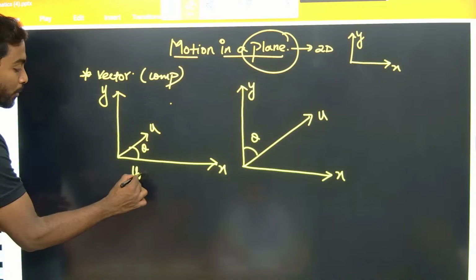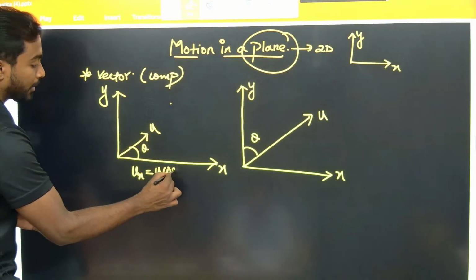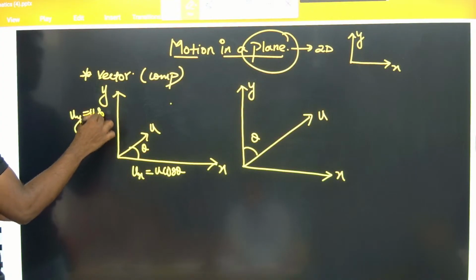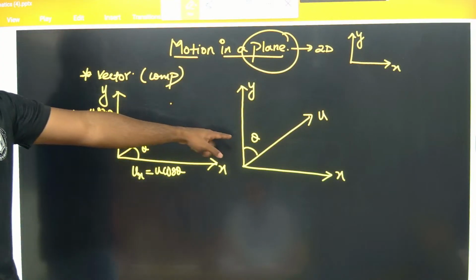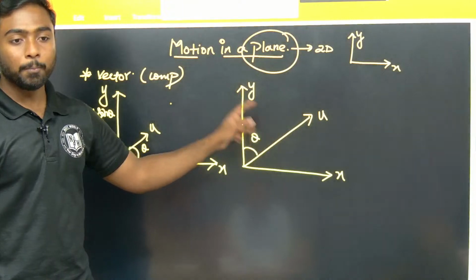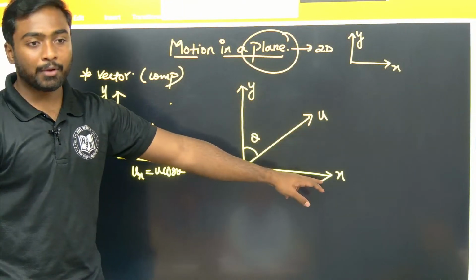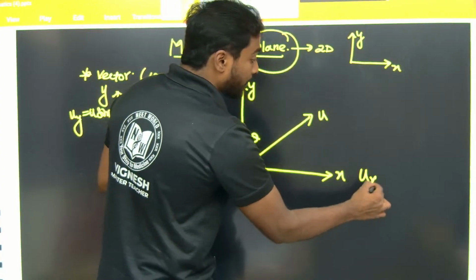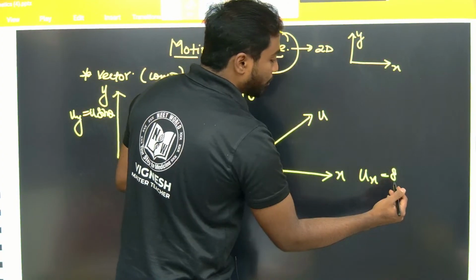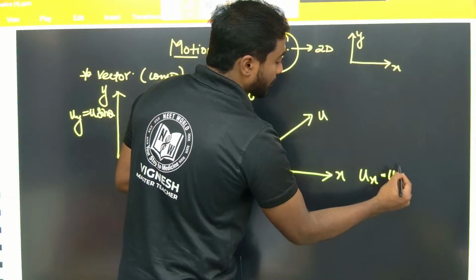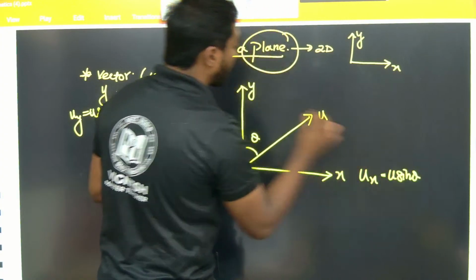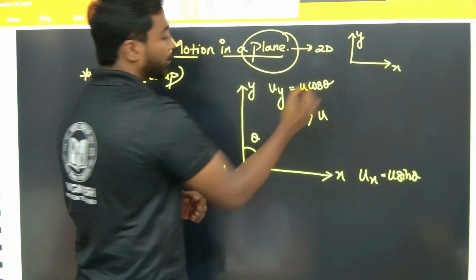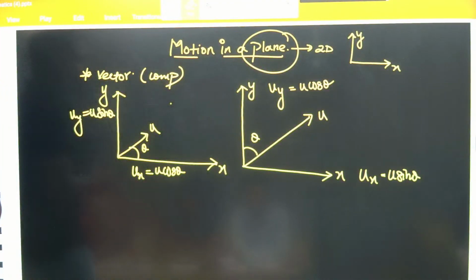So ux will be equal to u cos theta, whereas uy will be equal to u sin theta. In the other case, theta is close to the y axis and away from the x axis. So what should I take? ux is u sin theta, and uy will be equal to u cos theta. Got it? You can take this.